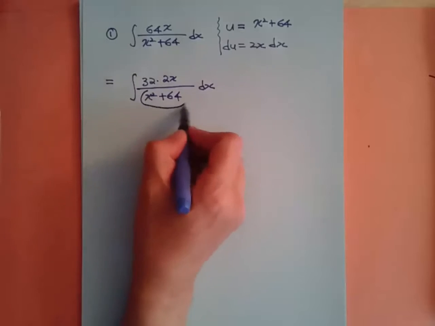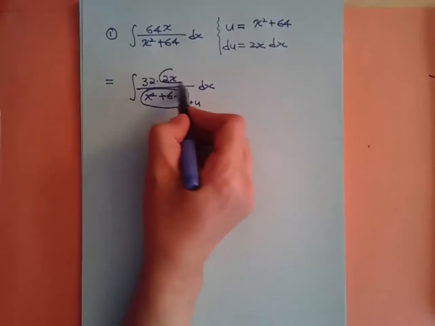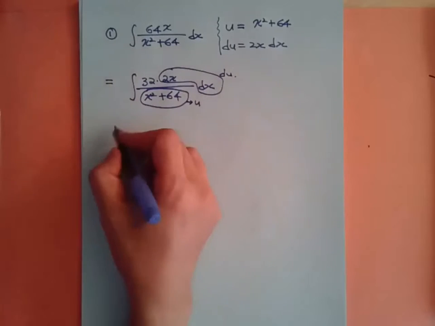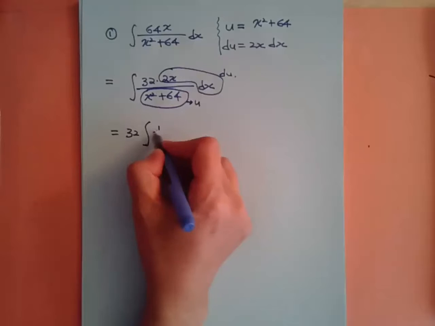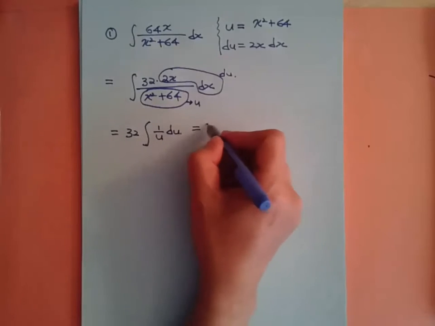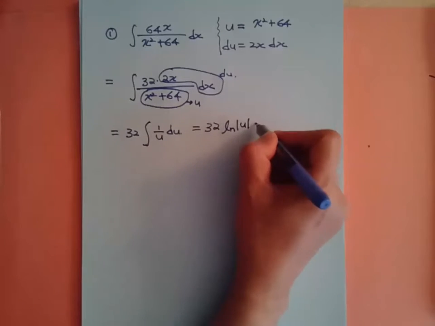The denominator becomes u, and 2x dx becomes du. So this is 32 times the integral of 1 over u du, and that is 32 times natural log of the absolute value of u plus c.